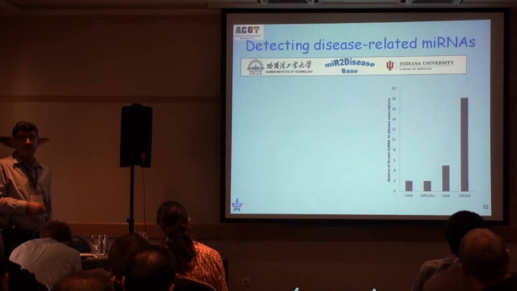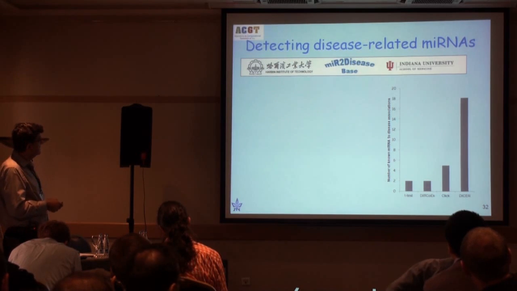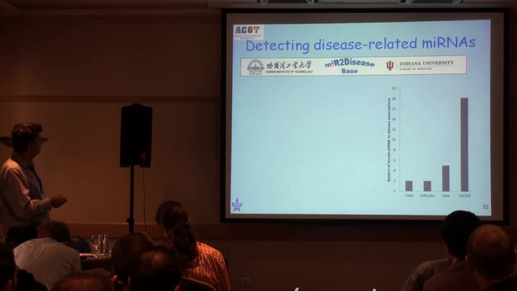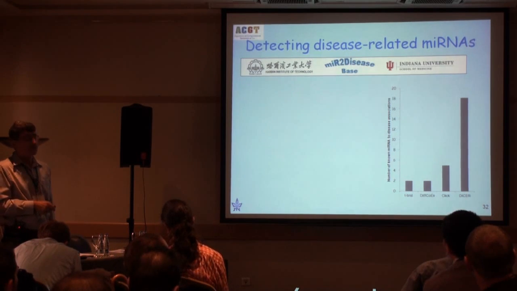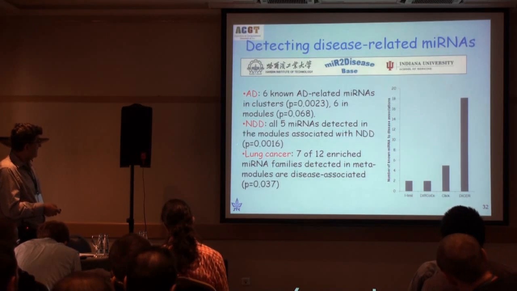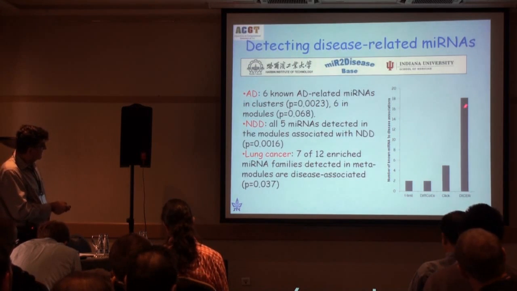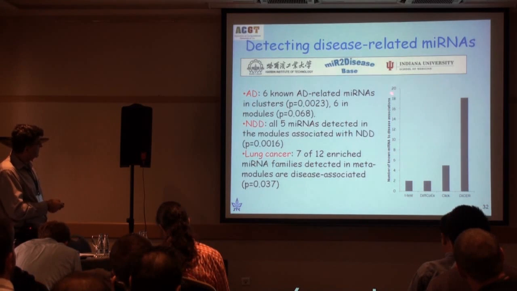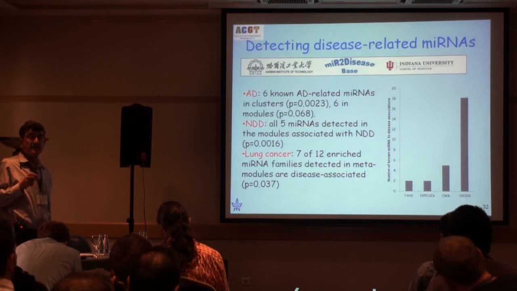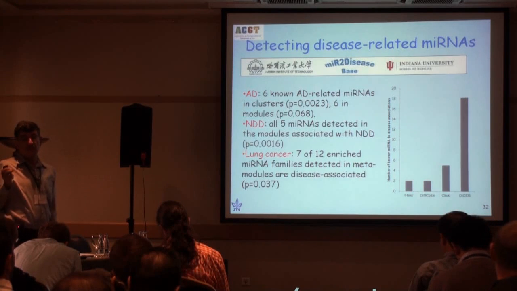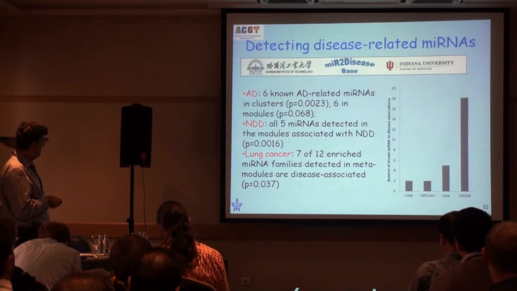Specifically looking at microRNAs involved in disease, we had data in the miR2Disease database for 3 of our 5 diseases, AD, NDD, and lung cancer. And as you see, the advantage of Dicer is very substantial compared to the other methods when we are looking specifically at disease, at microRNAs that are known to be involved in that particular disease.